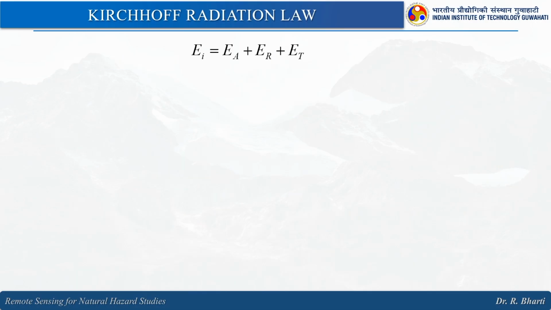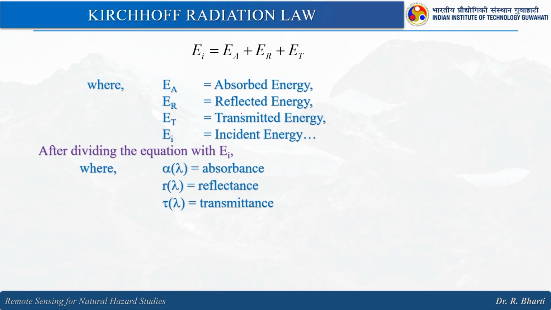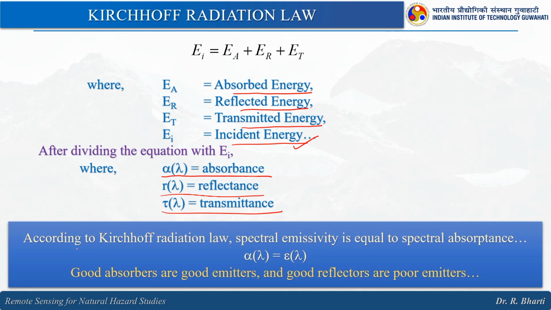Now, we will refer to Kirchhoff's law. It says the incident energy is equal to the absorbed energy plus the reflected energy and the transmitted energy. After dividing the equation by EI, the incident energy, we get absorbance, reflectance and transmittance. According to Kirchhoff's law, spectral emissivity is equal to the spectral absorbance. Good absorbers are good emitters and good reflectors are poor emitters. That we have understood with the help of black body.